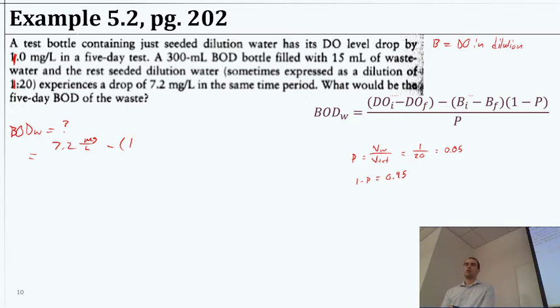So we don't even need to know the saturation value here because we're given the exact drop number. Now this is going to be that 1, but we're also going to multiply that by 1 minus P. And if P is 1 to 20 or 15 to 300, we should be able to, if we take 15 divided by 300, that should be the same as 1 in 20.